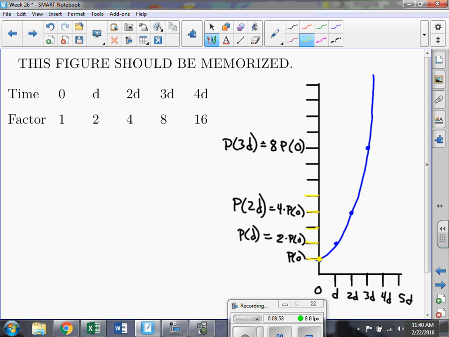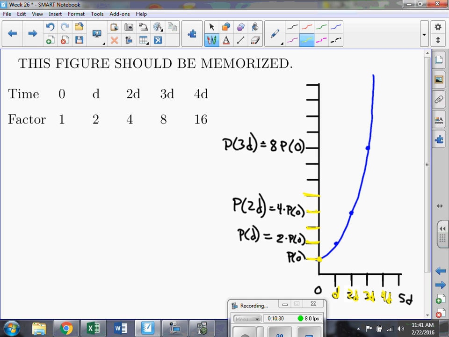So it could be counting 10, 20, 30, 40, 50 if my initial population is 10. It could be counting with an initial population of 600. These tick marks could be 600, 1200, 1800, 2400, 3000. And please notice 0, 1 times the doubling, 2 times the doubling, 3 times the doubling, 4 times, and 5 times.